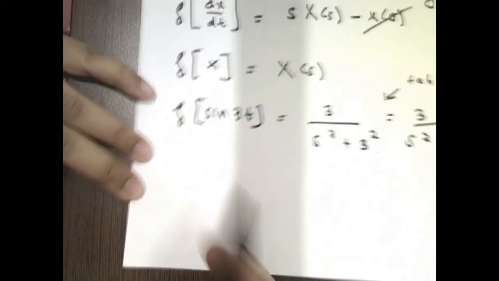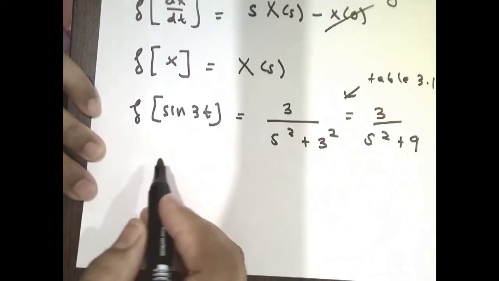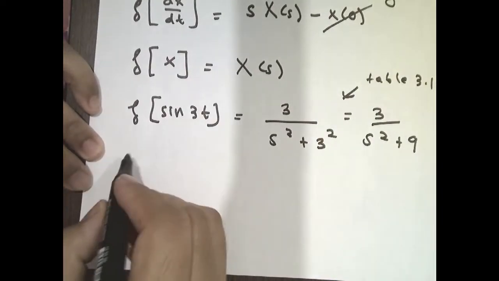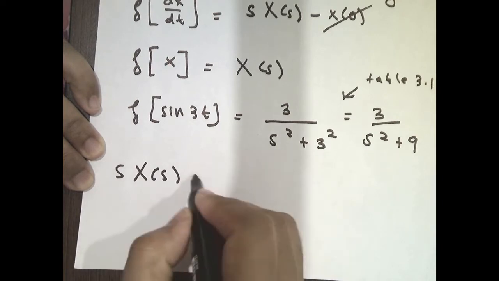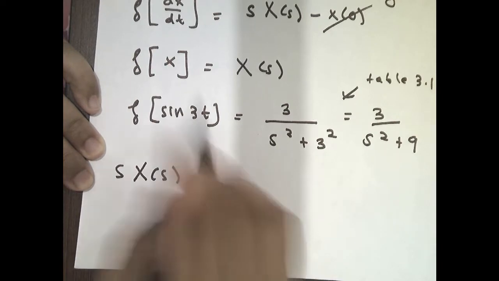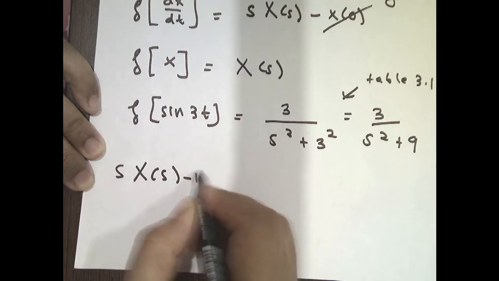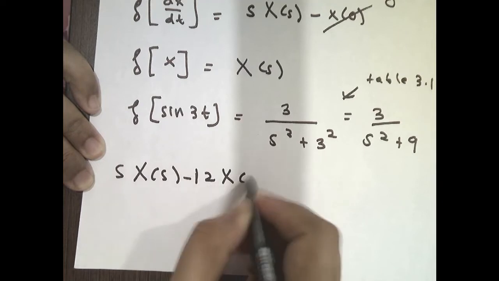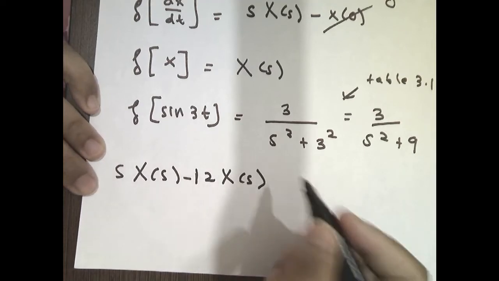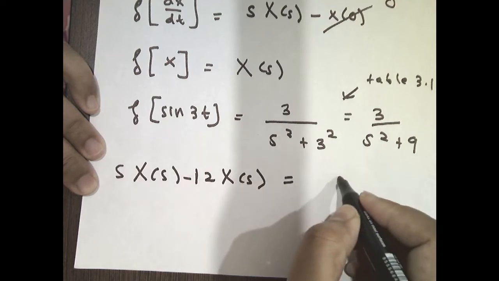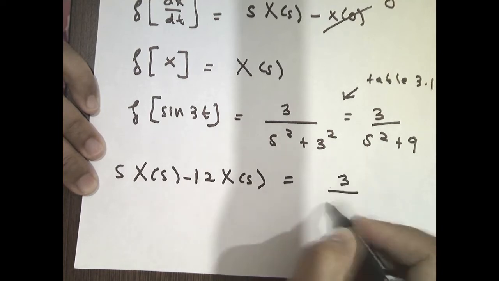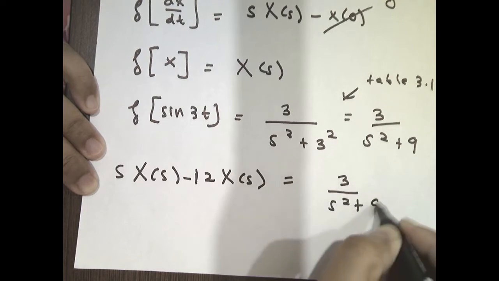So if we combine all together, we will get s X(s) minus 12 X(s) equals 3 over s squared plus 9.